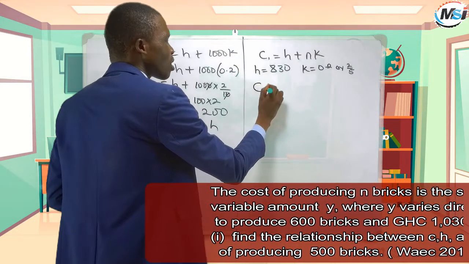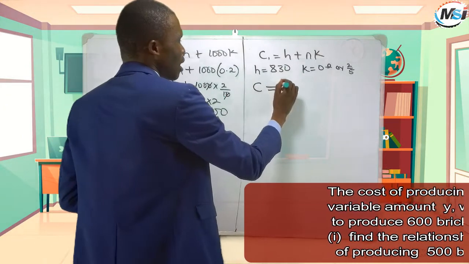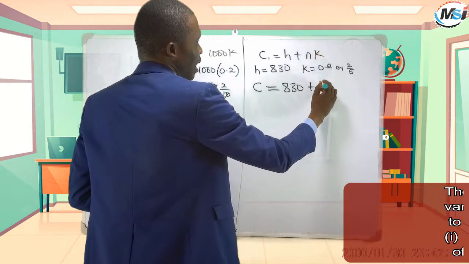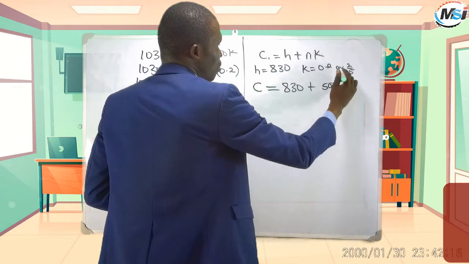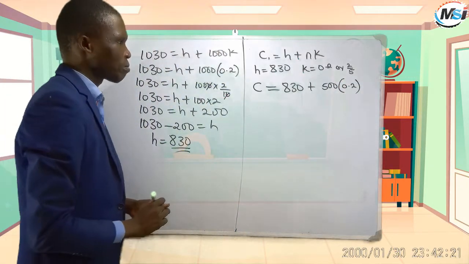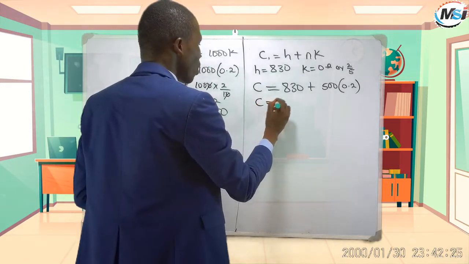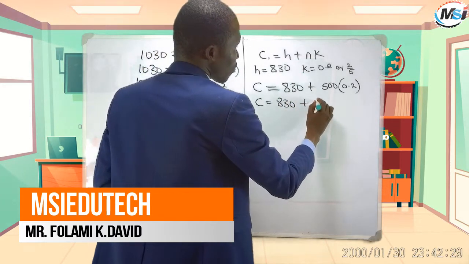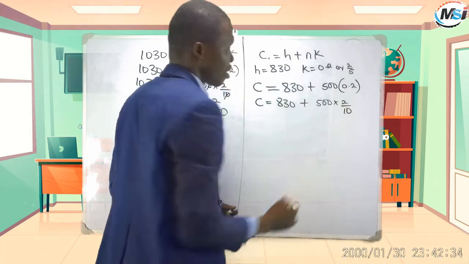So the cost of producing 500 bricks will be 830 plus N. N is 500 bricks multiplied by 0.2, which is K. You remember K is constant. So C will give us 830 plus 500 multiplied by 2 all over 10.